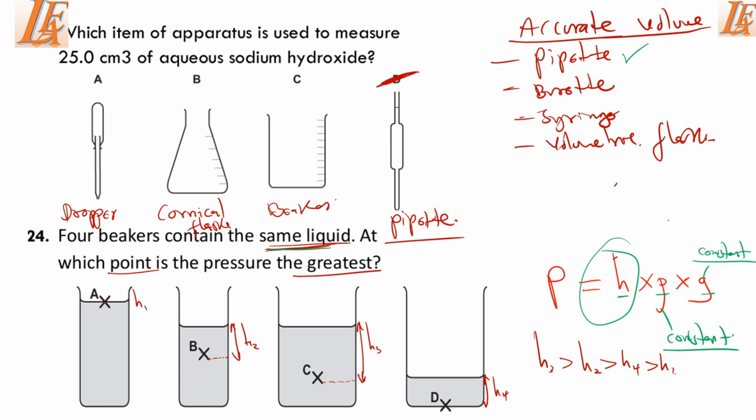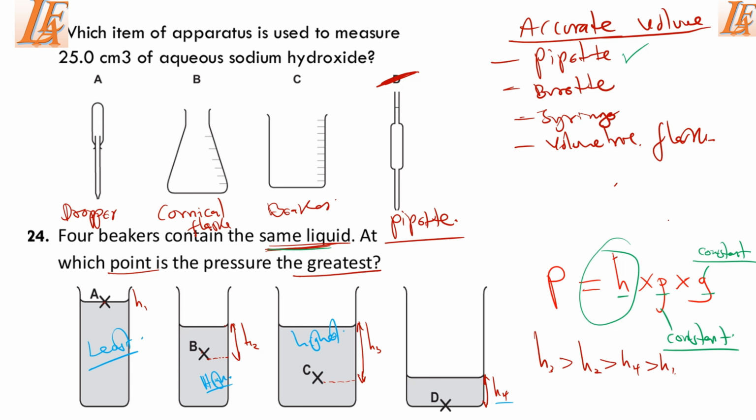Therefore, where we have H3, this beaker's pressure will be the highest, followed by this one. This one will have high pressure also, but smaller than H3, that is C. Then H4 will have a greater pressure than H1. Then H1 will have the least pressure because the height is very small.